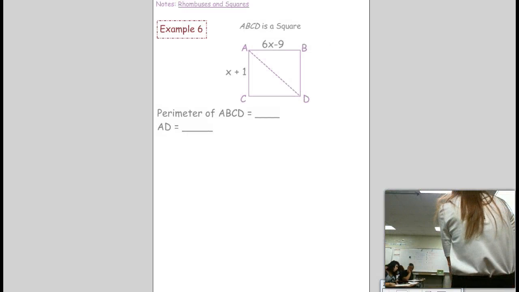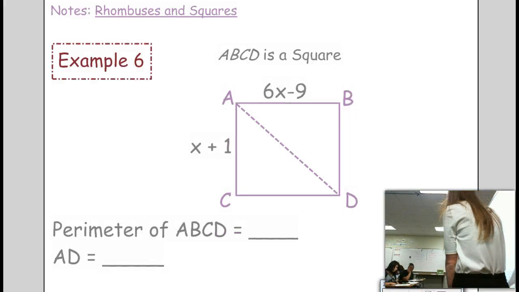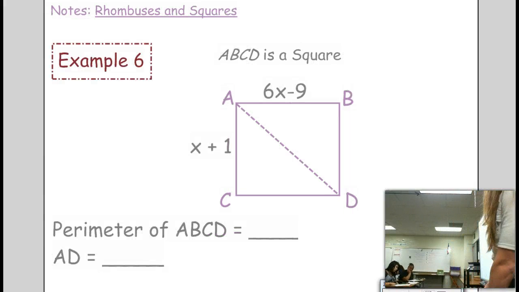Okay, the only one we haven't done an example with is a square. So let's do a square. Are those sides or angles? Sides. Kaylee, what should we do with x plus 1 and 6x minus 9? Let's write an equation.